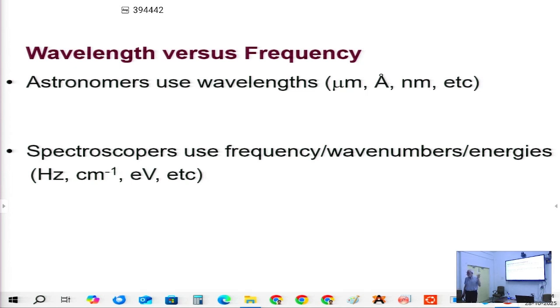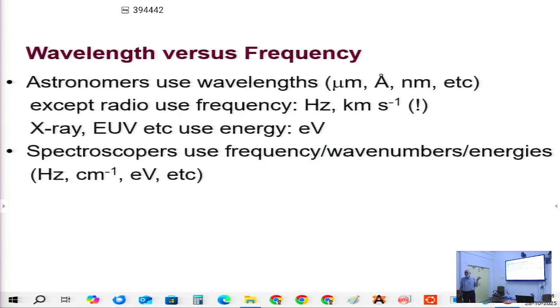So I'm afraid you're going to get a bit of a flavour of both. And just to make life a little bit more complicated, not all astronomers think in wavelengths. The people who use very high energy, so X-ray, extreme ultraviolet, etc., tend to use electron volts, which is an energy unit. And people at very long wavelengths, low frequency, tend to use hertz, in other words, frequencies, or even more bizarrely, kilometers per second, which is a Doppler shift.